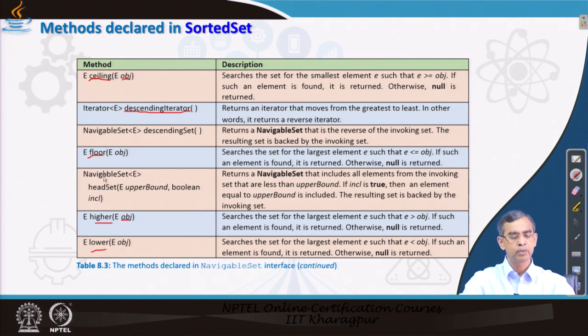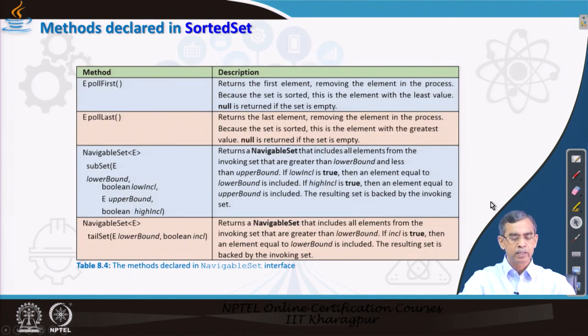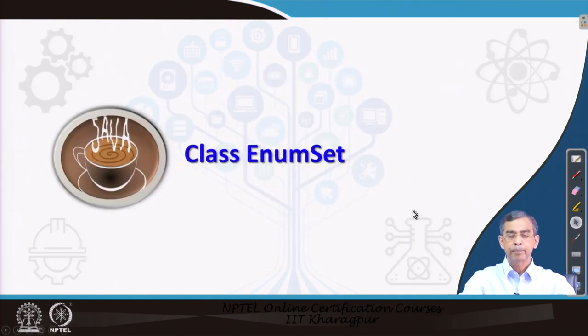Lower is similar to floor, it returns the largest element which is less than the object passed as an argument. So, this way, from a collection stored as a sorted set, we can access different elements. There are a few more methods that we have discussed here.